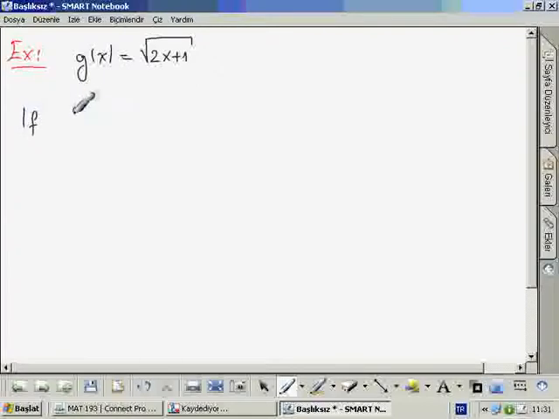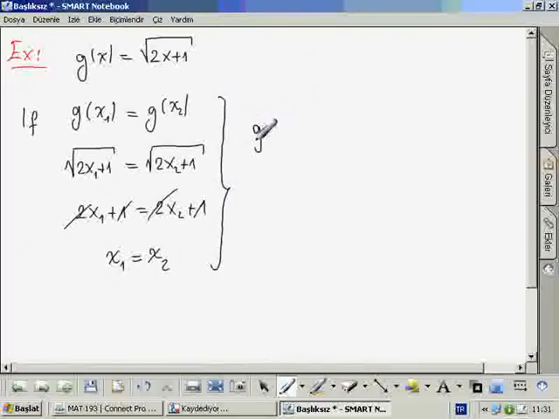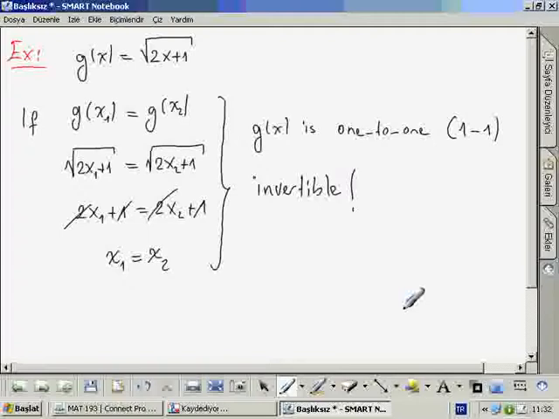And if g of x1 equals g of x2, so we can write the square root of 2x1 plus 1 equals the square root of 2x2 plus 1, okay, and after that 2x1 plus 1 equals 2x2 plus 1 when you square each side, okay, and cancel this part, and you will obtain x1 equals x2, so we can say g of x is 1-to-1, okay, so it's invertible.